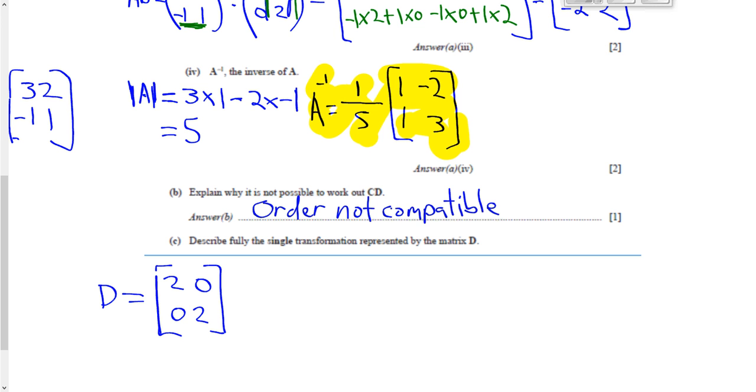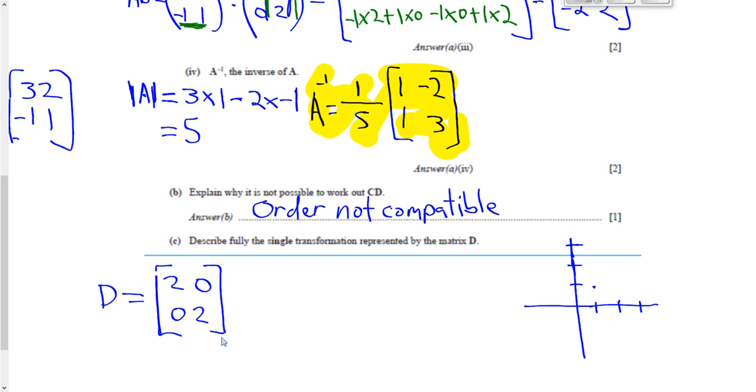So let's draw a little set of coordinates here, okay, and we'll have 1, 2, 3, that's up here, we'll have 1, 2, 3, okay, and let's just pick an easy coordinate. Let's pick 1, 1, all right, and we'll see what happens to 1, 1.